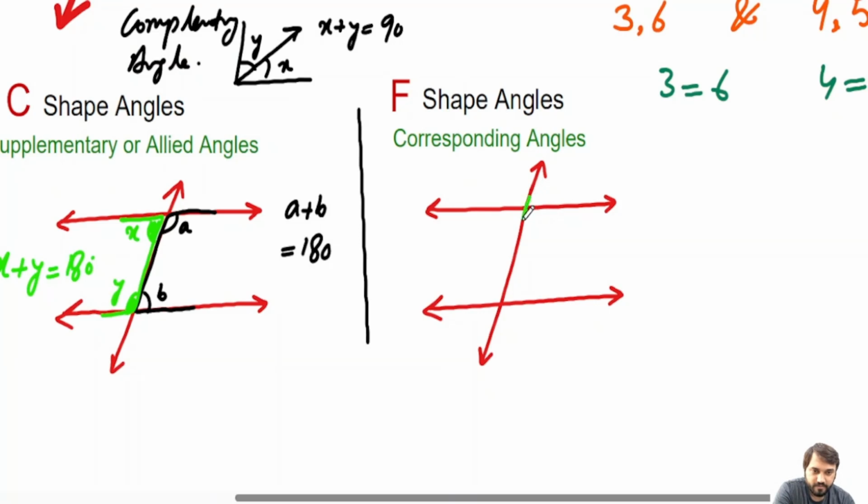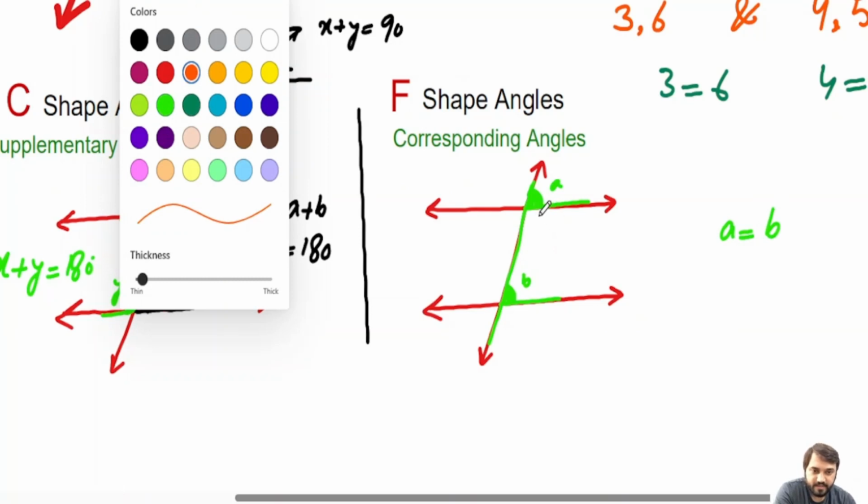This is our F. So in F, we have two types of angles, the exterior corresponding angles and interior corresponding angles. It means that one exterior angle would be equal to one interior corresponding angle. So you have to just memorize it. If you have two parallel lines and angles like this, then they both are equal. If this angle is A and this angle is B, it means angle A is equal to angle B.